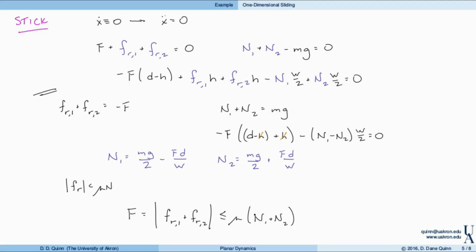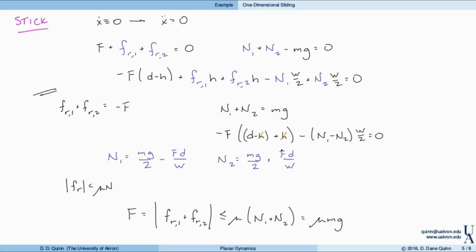So now, if I add these two expressions for the normal loads together, this is simply mu mg. So from this, we see that the applied load, F, has to be less than or equal to mu mg in order for stick to occur.